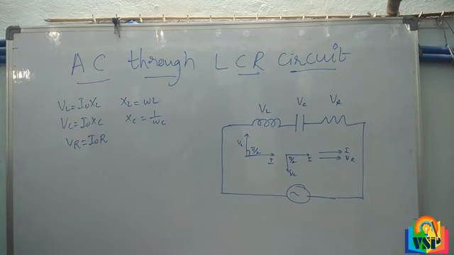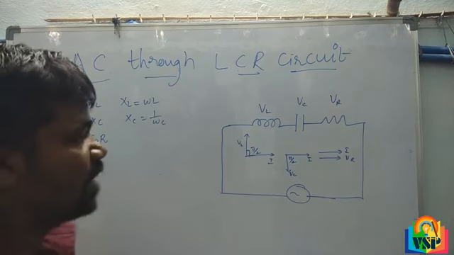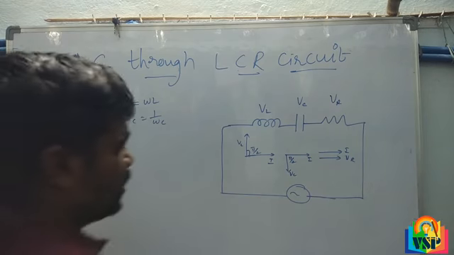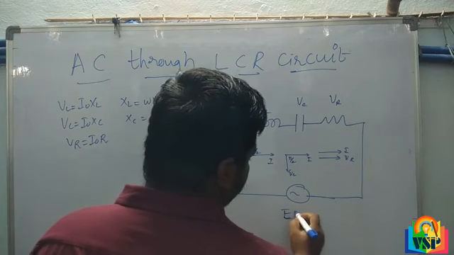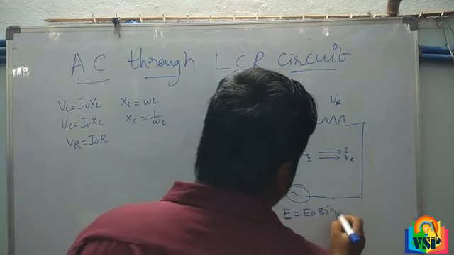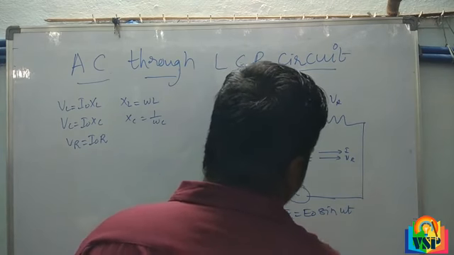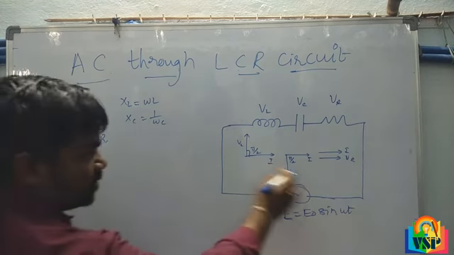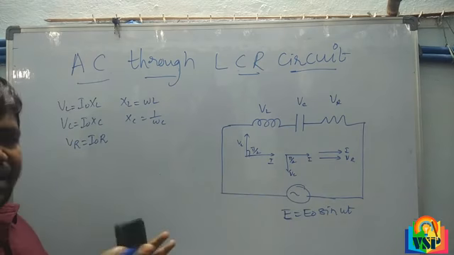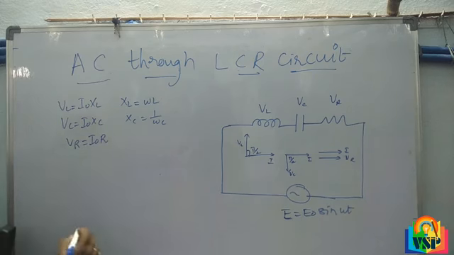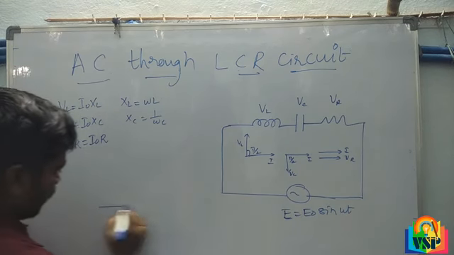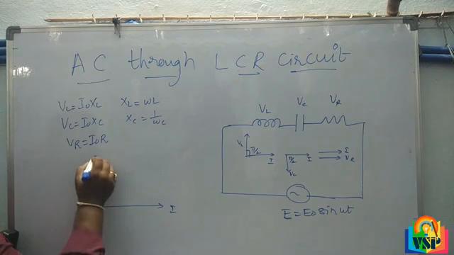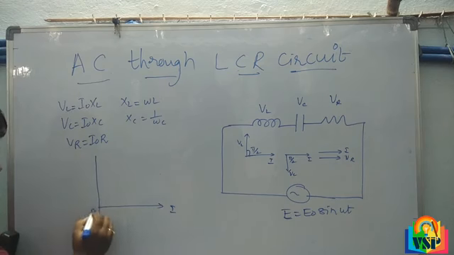According to the phasor diagram, please remember this circuit diagram, very important. The source is E equal to E0 sin omega t. How can we represent the phasor diagram? We take these diagrams into a single diagram. This is the current, from the origin.